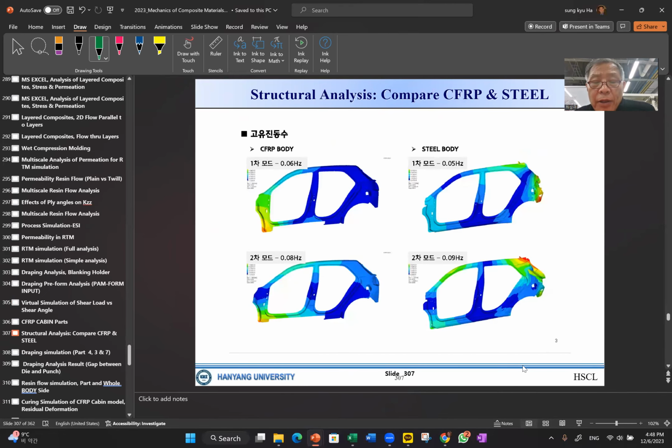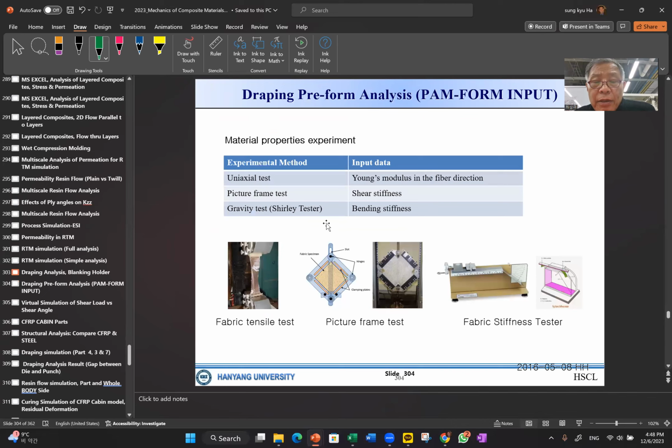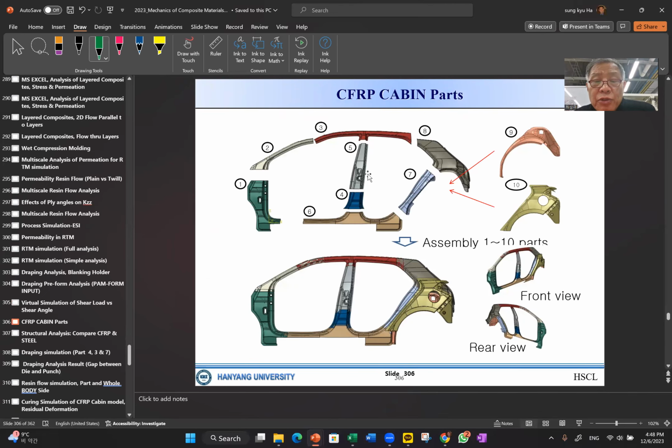Then we make this automotive cabin part, the CFRP cabin, left-hand side, driving side or passenger side. You have a B pillar, A pillar, and C pillar with a roof, and this whole body is made piece by piece like this. Then we put them together and make one structure. We assemble 10 parts, and this is all dry fabric.